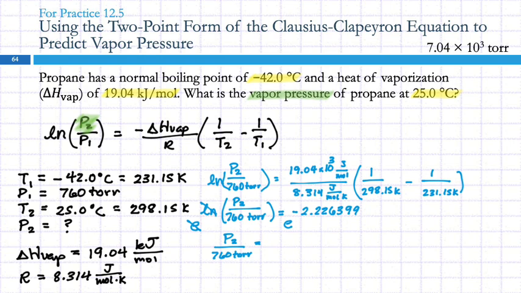And over on the right, e to the negative 2.226399 is 0.107916, blah, blah, blah. So now I can multiply both sides by 760.